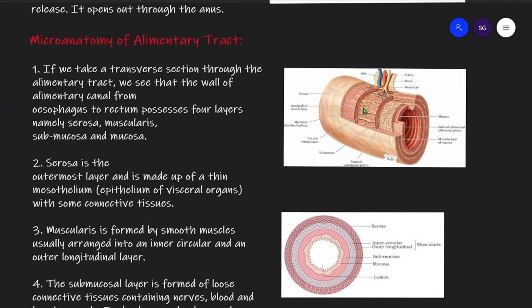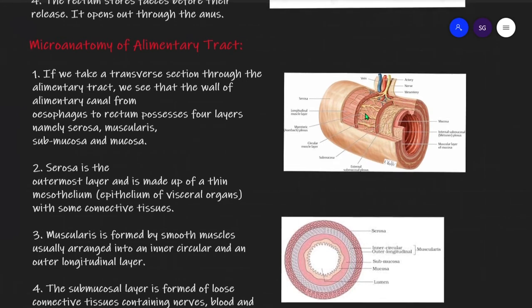If you see this diagram, in the inner layer the muscle fibers are arranged in a circular pattern, so this is the circular layer, and in the outer part of the muscular layer, the fibers are arranged in a longitudinal direction. So the muscular layer has two parts: one is the longitudinal layer and the second is the circular layer.